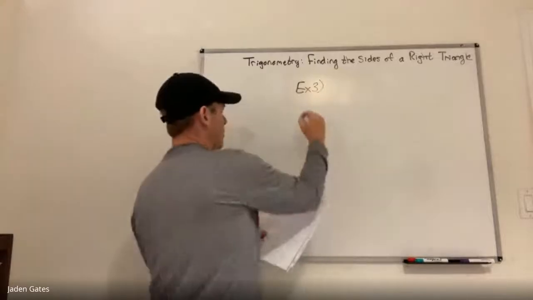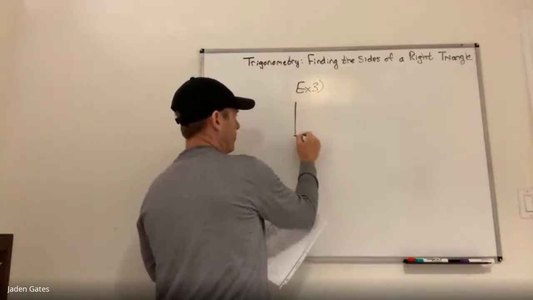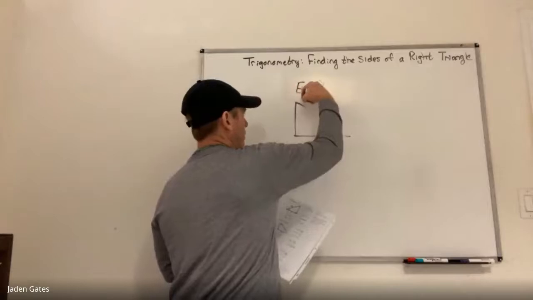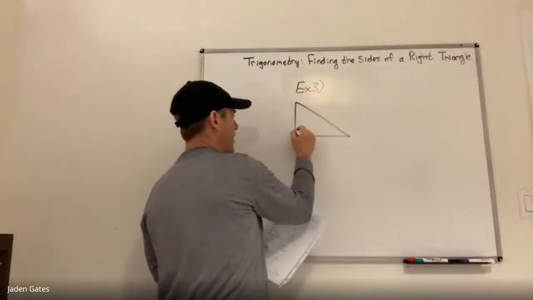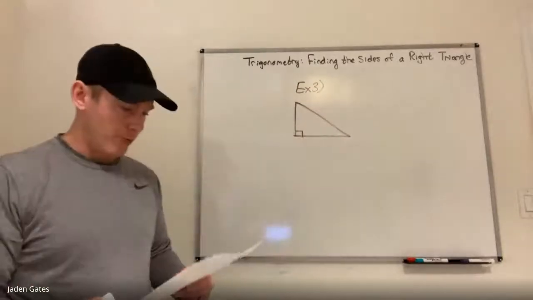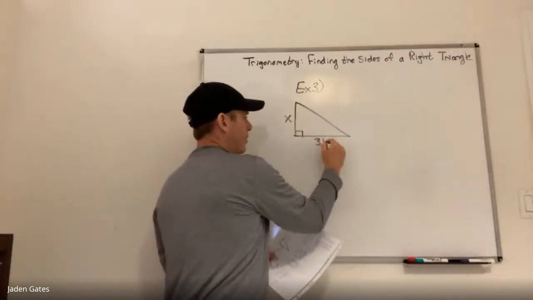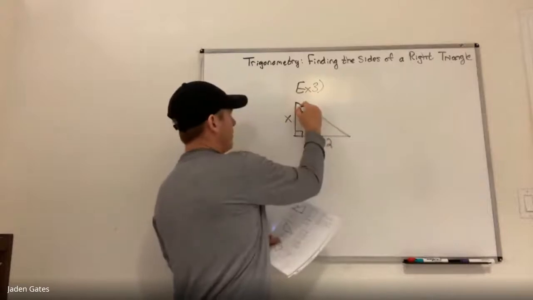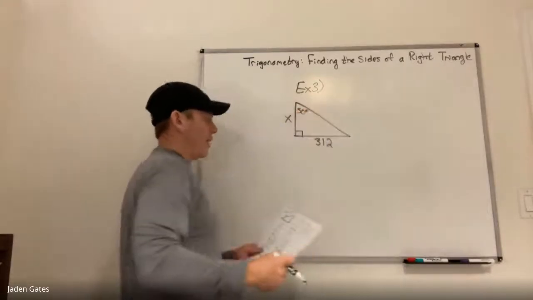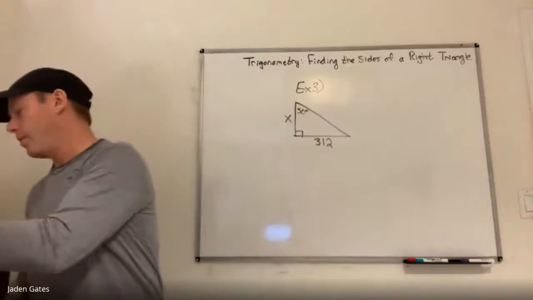Here's our triangle. Again, it's got to be a right angle for our three basic trig ratios. I have an x here, a 312 here, and a 50 degrees right in there.